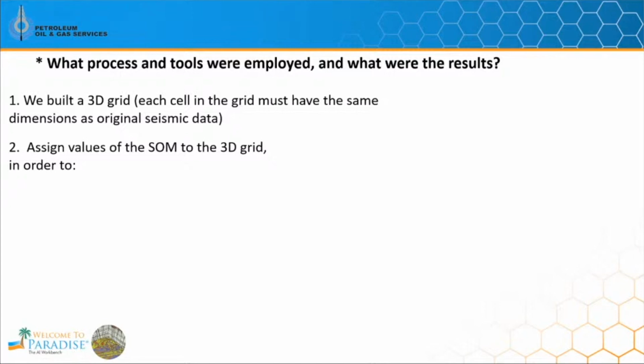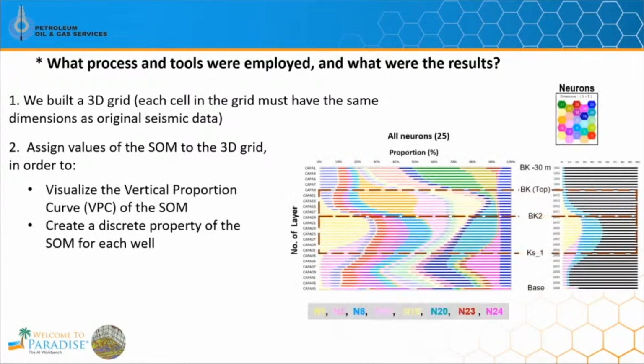The second step is to assign the values of the SOM volume to this grid in order to visualize the vertical proportion curve of the SOM, this figure that I'm showing you. The second objective is to create a discrete property that could be extracted along the well paths. The third one is to apply the statistical analysis itself.